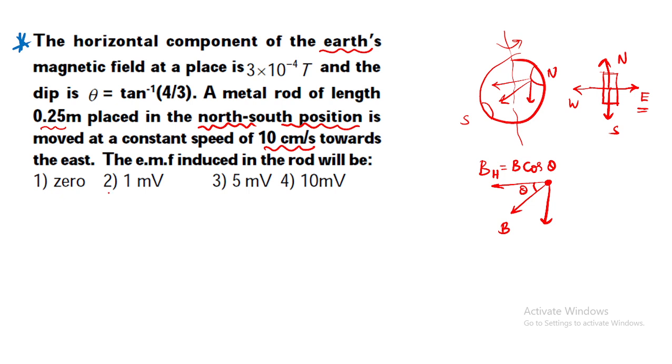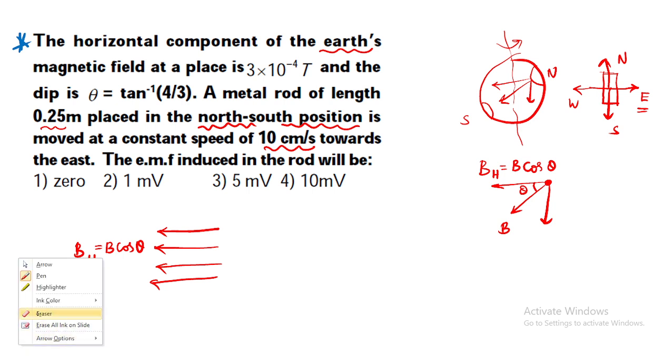Try to understand the situation. There is a magnetic field here in this manner, BH is equal to B cos theta. Now your rod is there. Which direction will the rod be going?